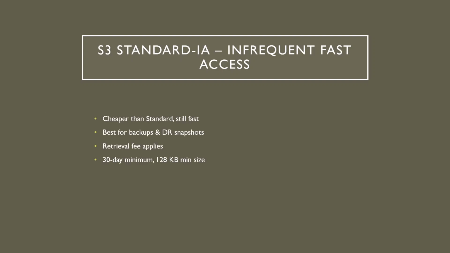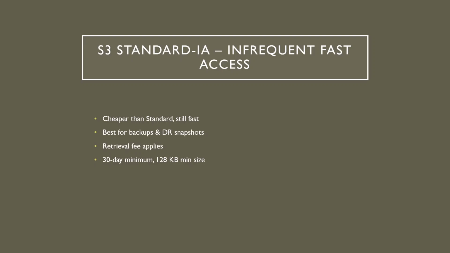Its best use cases are user backups, disaster recovery snapshots, and files accessed monthly, not daily. Key points here: you have low storage cost, still fast access, and a retrieval fee applies. There is a minimum 30-day storage charge and the minimum object size is 128 KB. So this is infrequent access, but still fast.